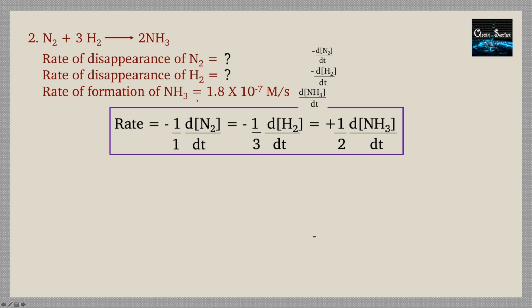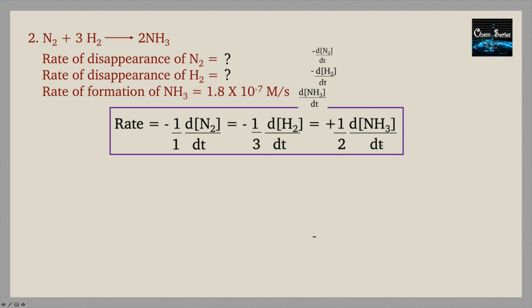The rate of formation of NH3, that is plus dNH3 by dt, is given. So in this rate equation, it is present here. Okay, plus 1 by 2 dNH3 by dt is your rate, but they have given only dNH3 by dt. So from this, you can calculate the rate of the reaction, right?